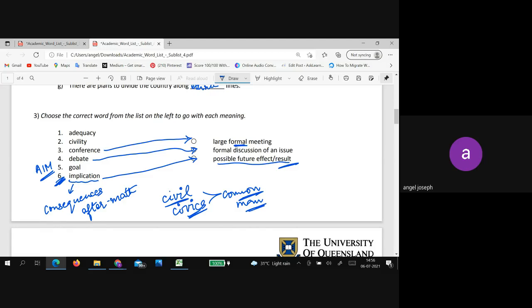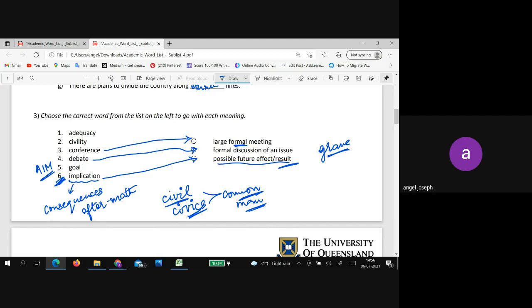Grave, another word for dangerous or something that is serious. Grave has another meaning in English. Does anyone know that? I had gone to my mother's grave. What is that?